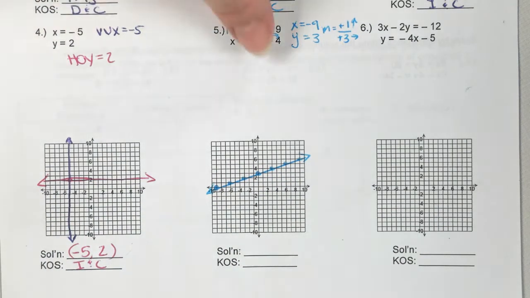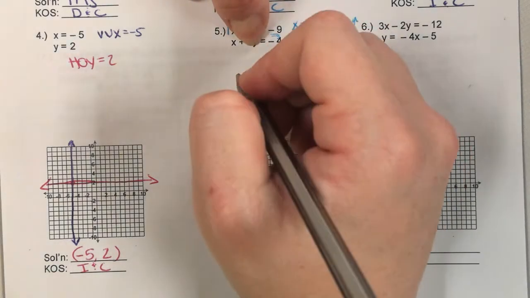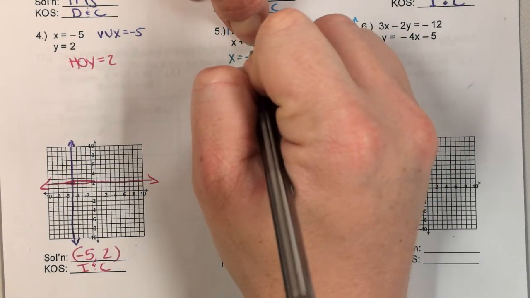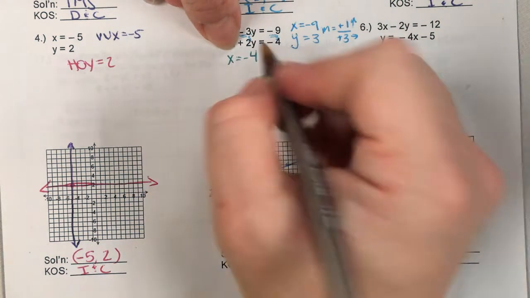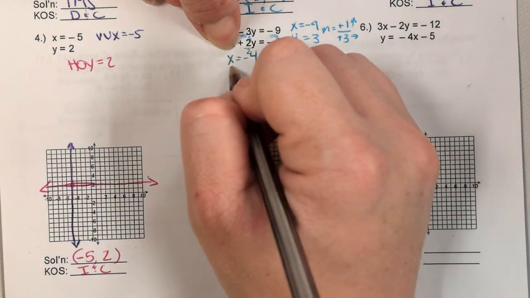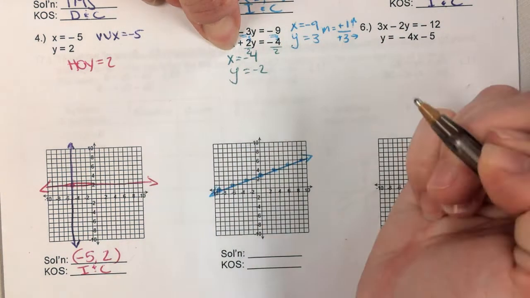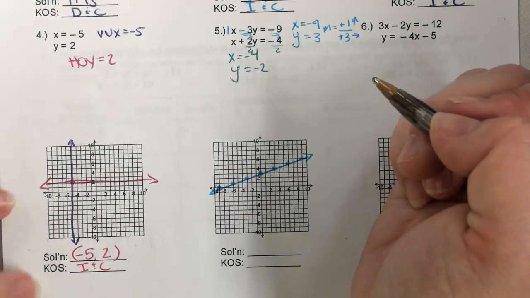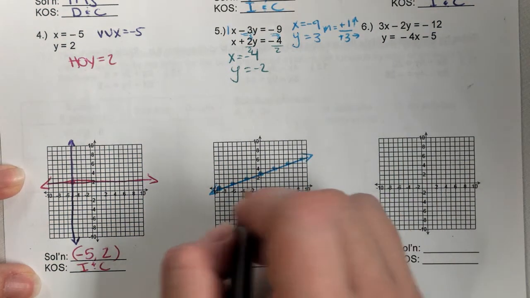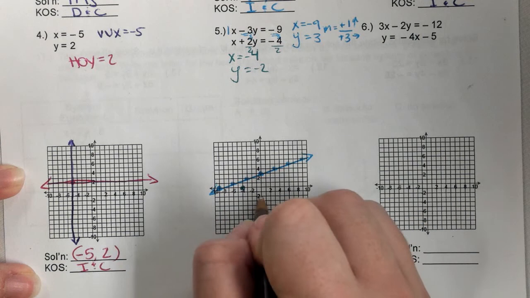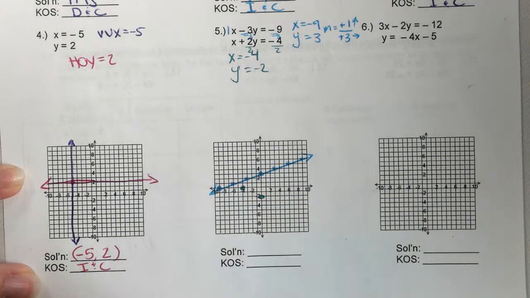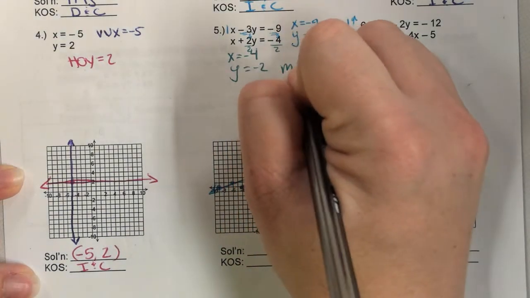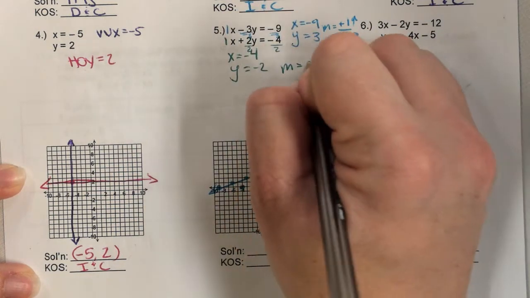Okay, on my other one, when I cover up y, I get x equals -4. When I cover up x, I can divide both sides by 2, and I get y equals -2. So I have x is -4, y is -2. Okay, and then my slope is opposite of a over b, so -1 over 2.